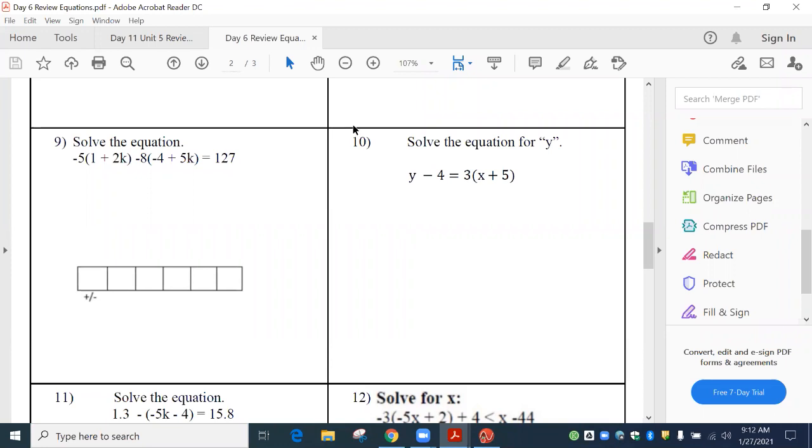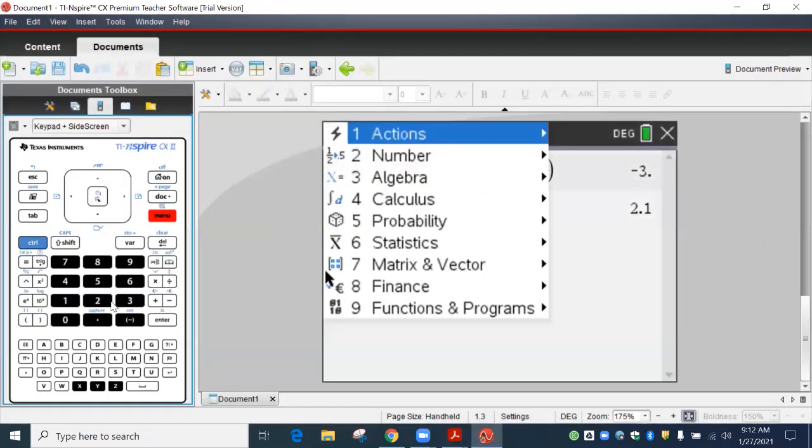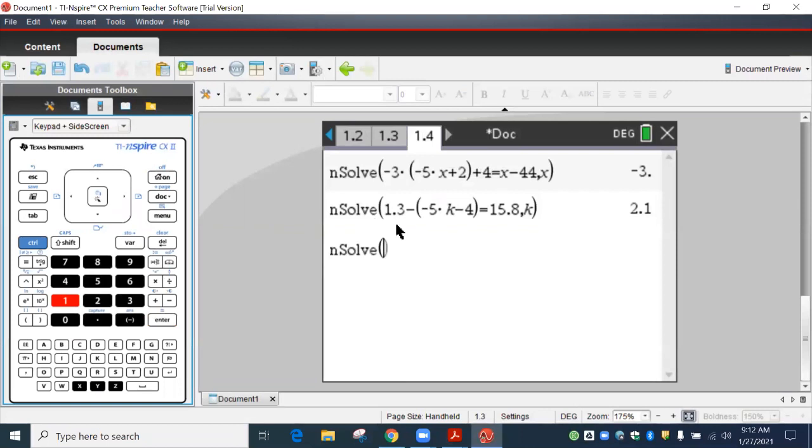Okay? All right. So we're going to go to our calculator, menu 3.1. And we got -5, parentheses, 1 plus 2k, so it's using k's again. 1 plus 2k, close parentheses, -8, parentheses, -4 plus 5k.